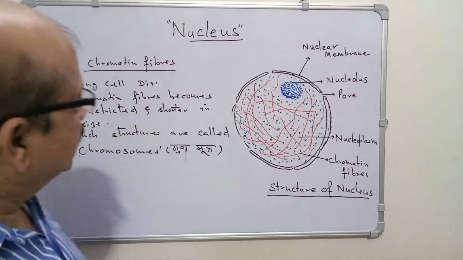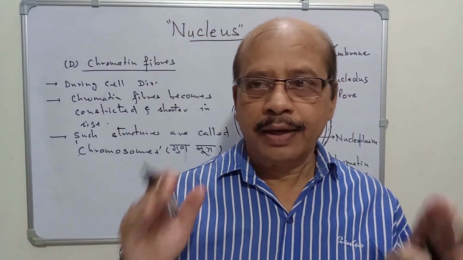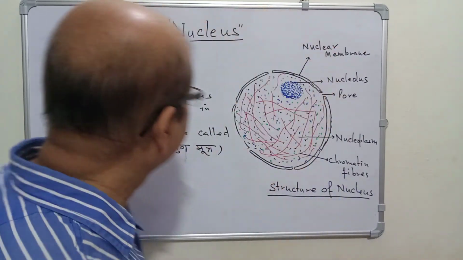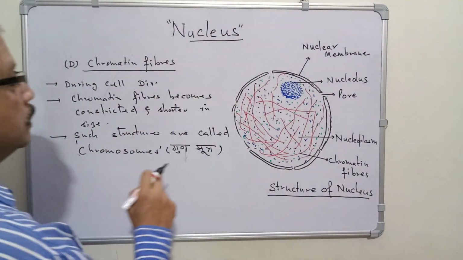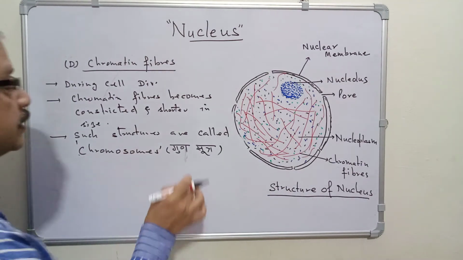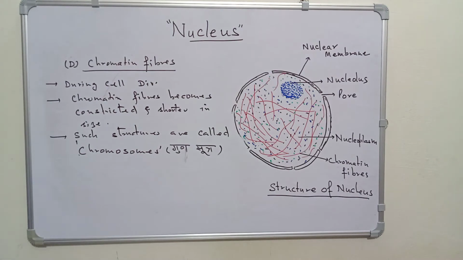Now the function is more clear. Gud, characters, Sutra, chromosomes. Like Gud Sutra, such structures which are capable to transfer various characters, right?